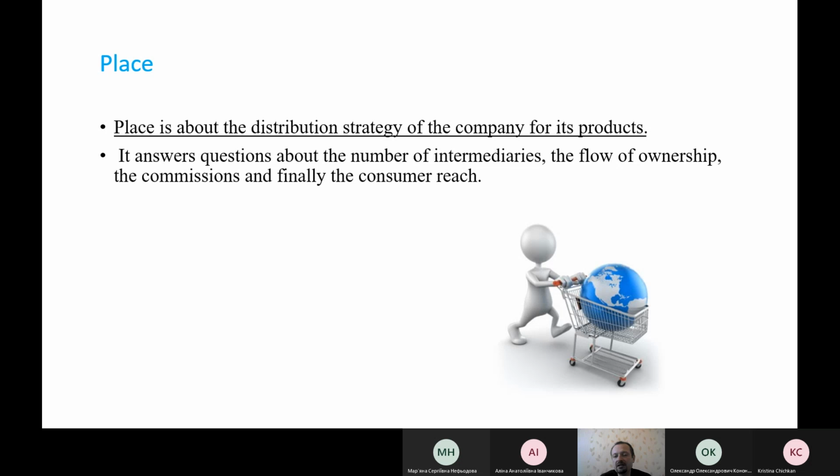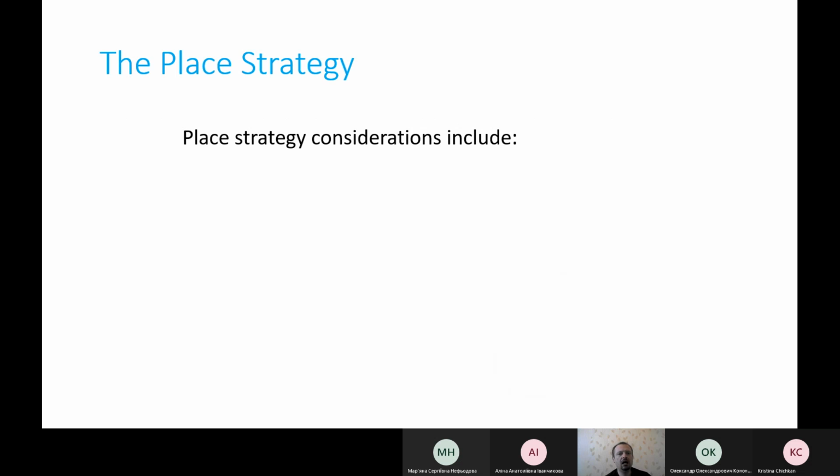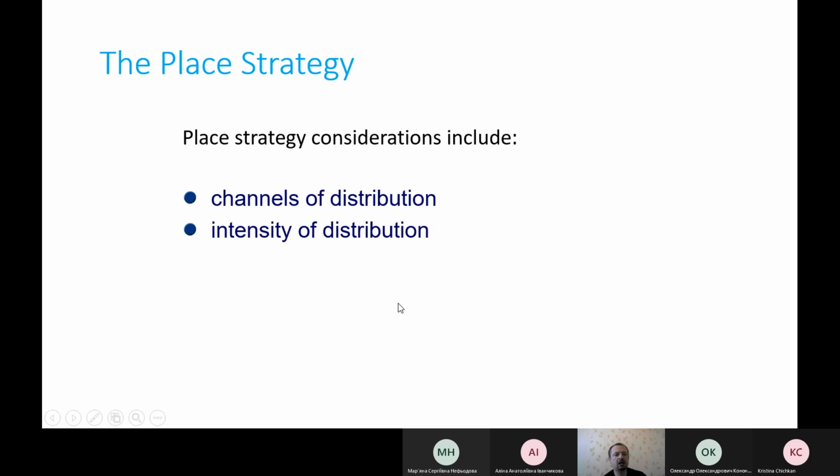There is also an example of usage of the mix distribution strategy. When describing this subchapter, you have to describe channels of distribution.